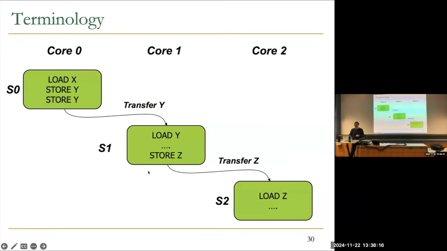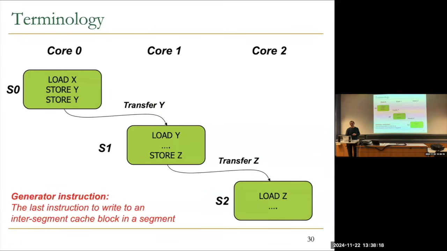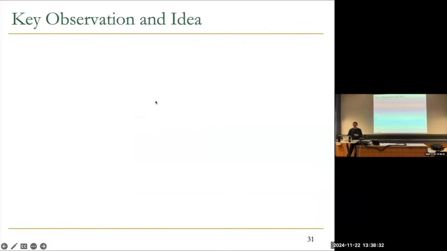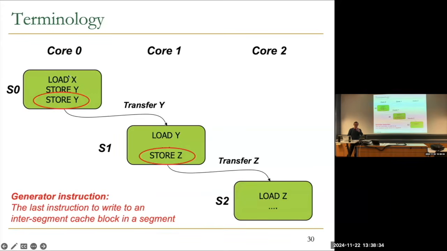That's the idea. We also define a generator instruction as the last instruction to write to an inter-segment cache block in a segment. So clearly, Y is part of an inter-segment cache block, and its generator instruction in this segment is the store instruction. And Z is also an inter-segment cache block, and its generator instruction is the store instruction.